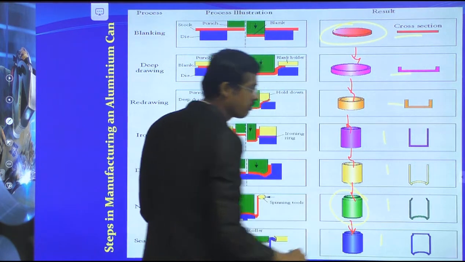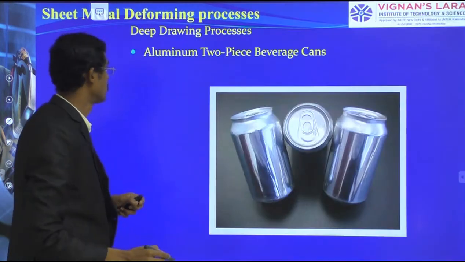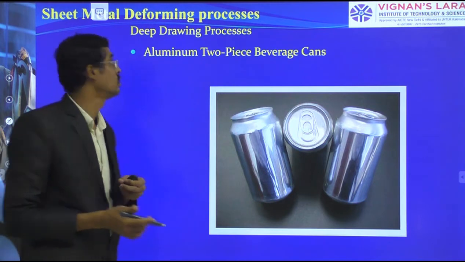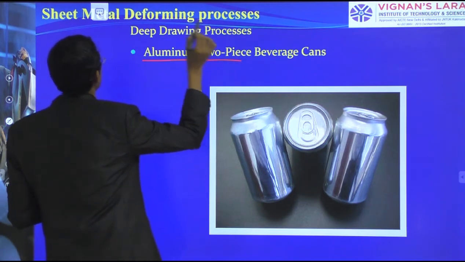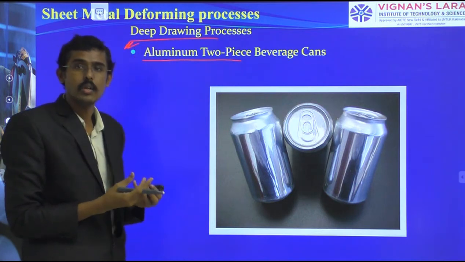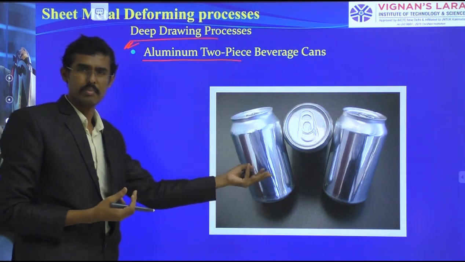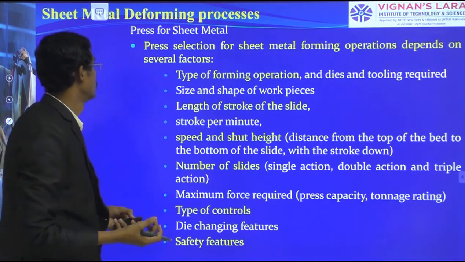Finally a can has been formed through these methods. Such cans, made from aluminum, are possible using deep drawing operations. What we have seen, less than or greater than D by 2, is used for making cans, maybe Pepsi or Coca-Cola cans.